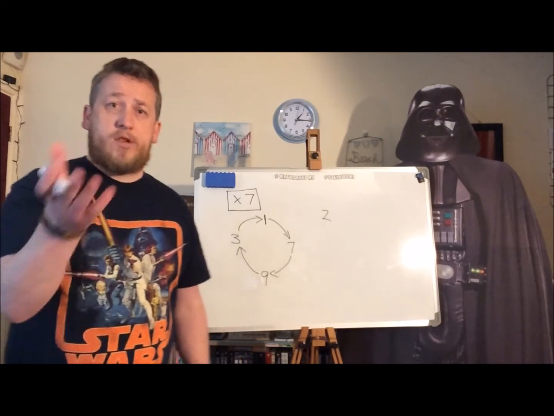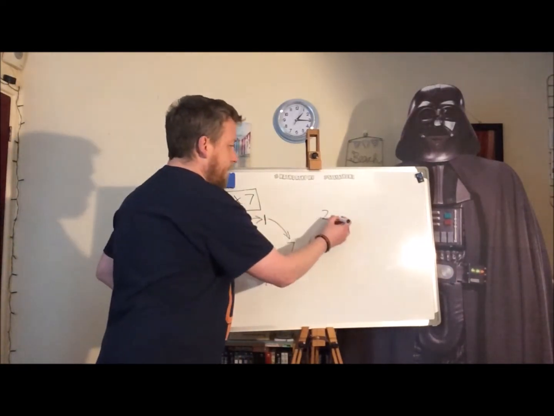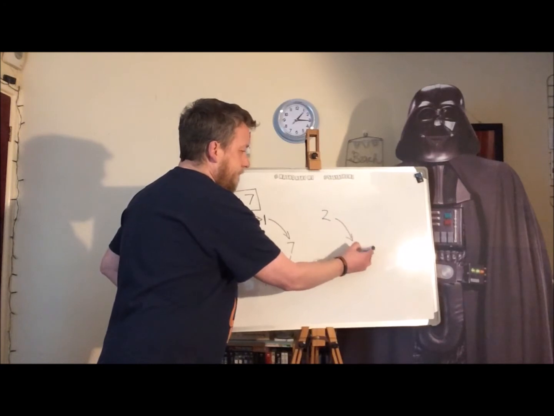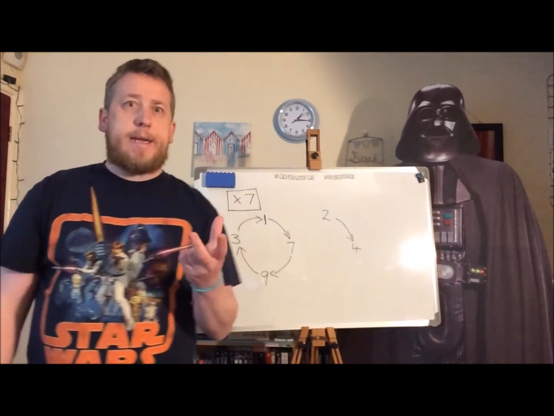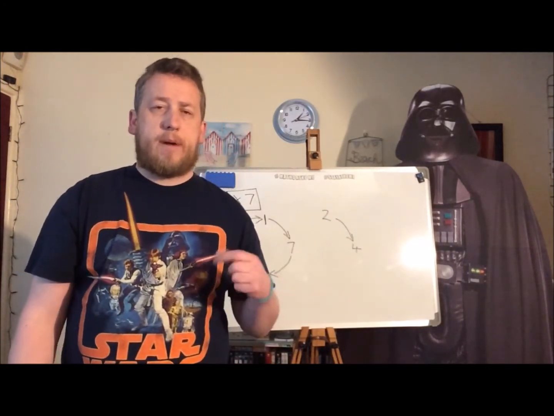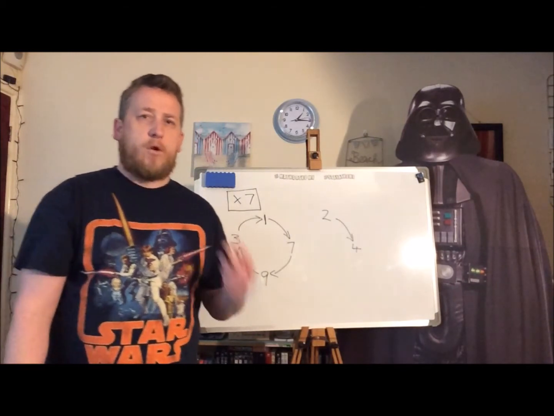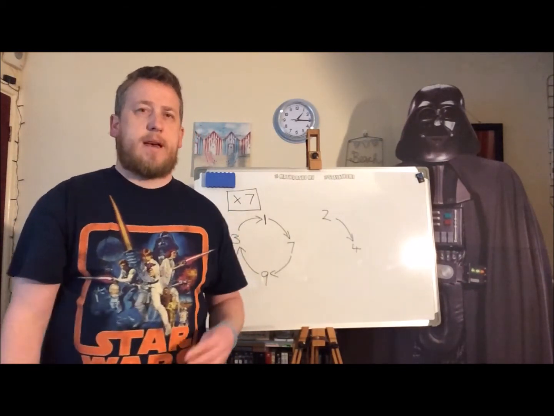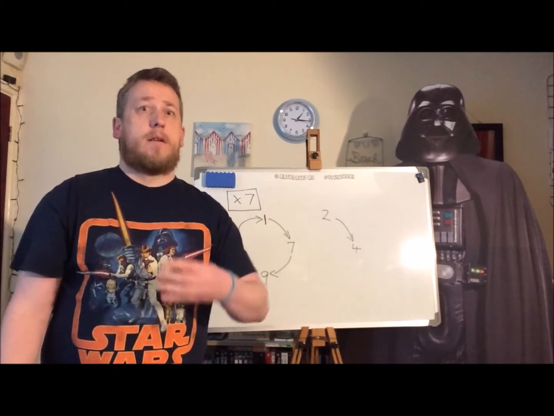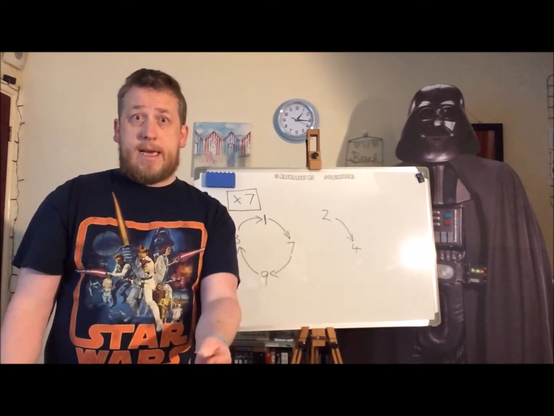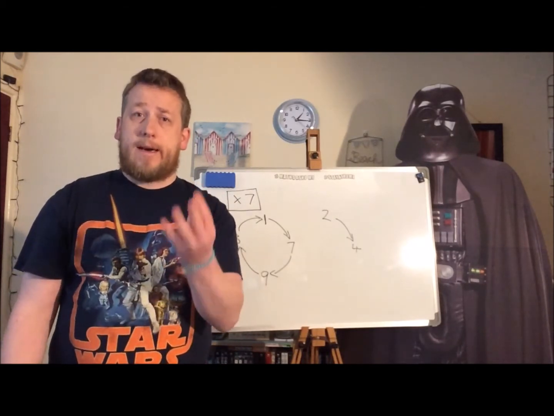So our first number after 2 will be a 4. Now we consider any number that ends in 4, multiplying it by 7. 4 times 7, 4 lots of 7 is 28. So we're going to end with an 8.